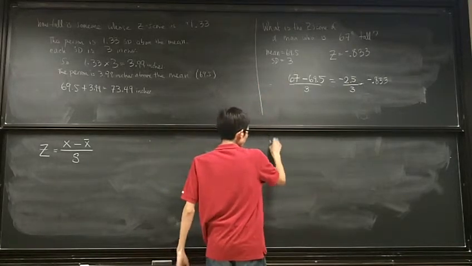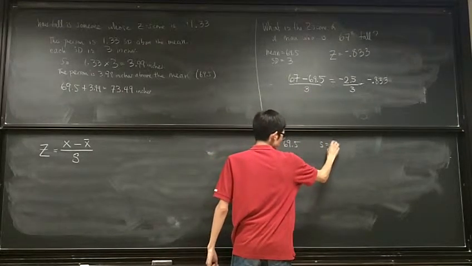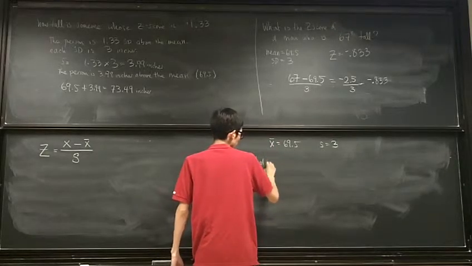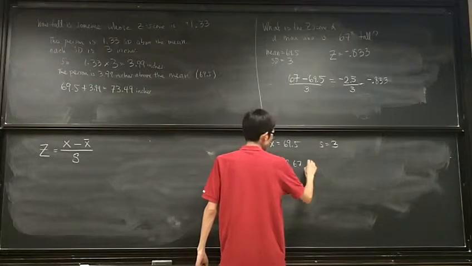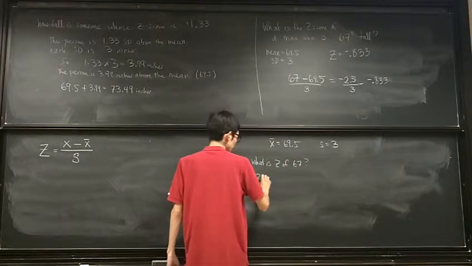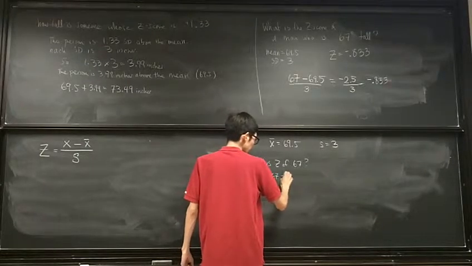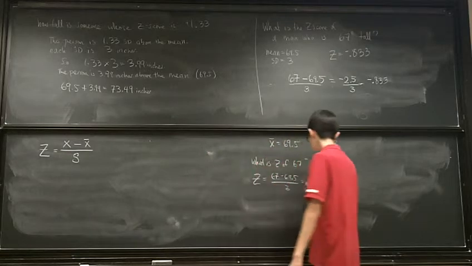So here we know x bar is equal to 69.5 and s is equal to 3, okay? So here I said, what is z of 67? This is my x, I do 67 minus 69.5 divided by standard deviation 3.